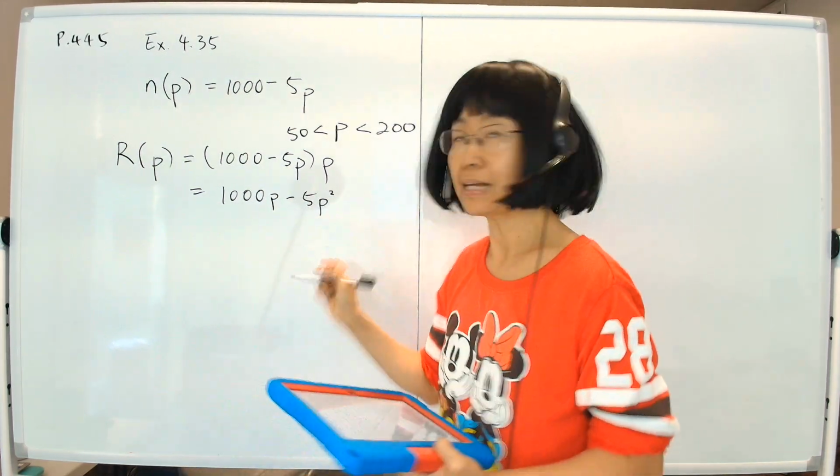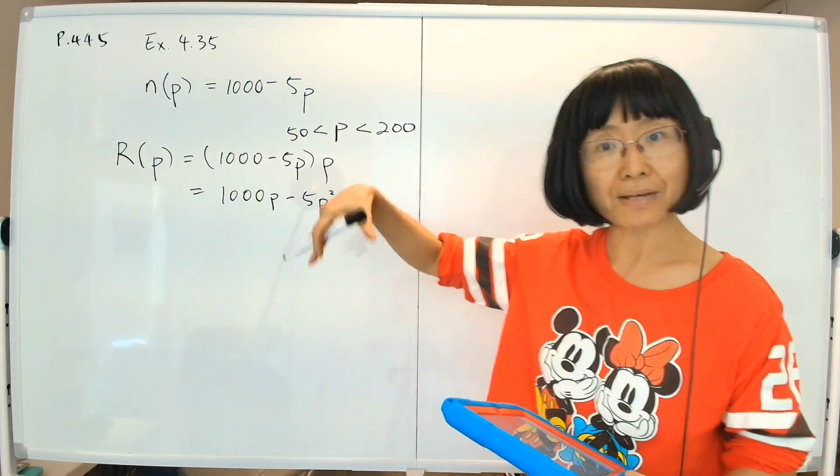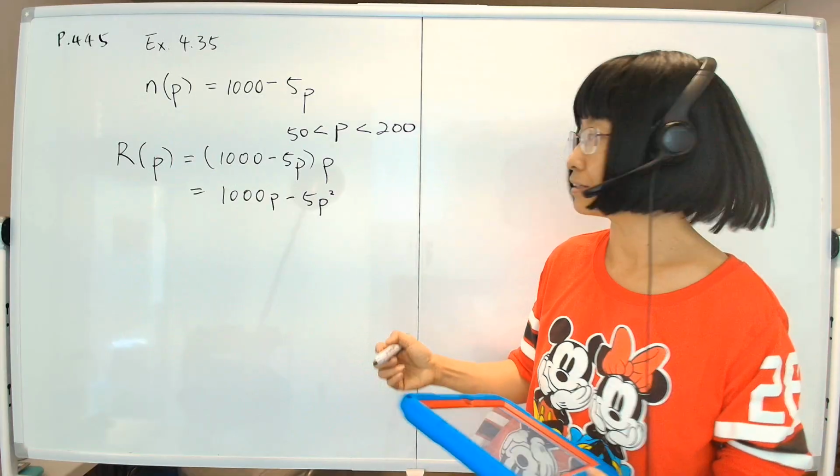As you can see, that's an upside down parabola of degree 2, which means it has a maximum point, and we're going to calculate that maximum point to figure out the nice price.